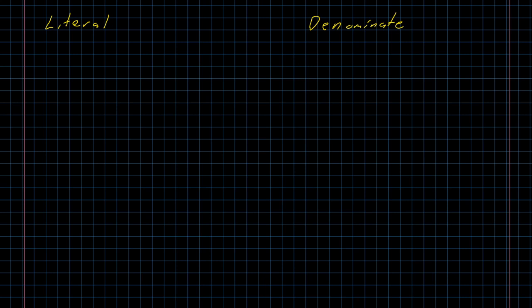A literal value is represented as a symbol. And a literal value is generally expected to be exact. For example, pi, that we've been talking about quite a bit in the last few minutes.